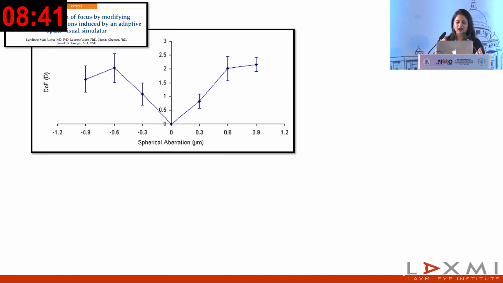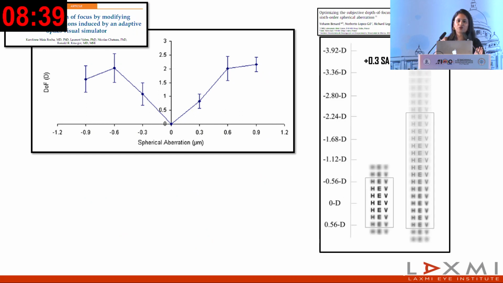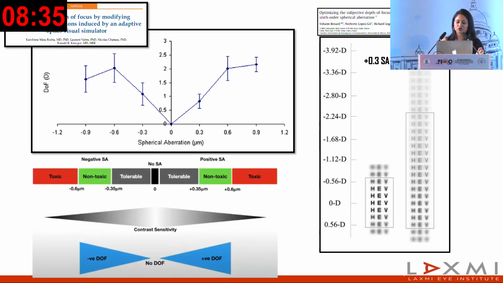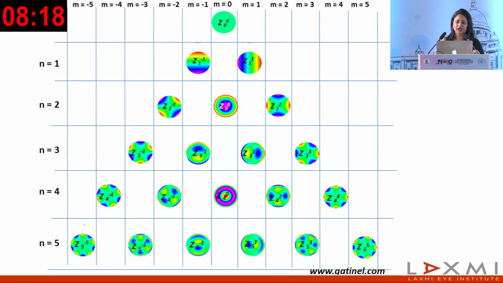A lot of studies have been done and they have shown that if we keep the spherical aberration less than 0.6 microns, we would have a decent depth of focus without causing much blur. So, armed with this knowledge, several companies are now trying to use this spherical aberration.